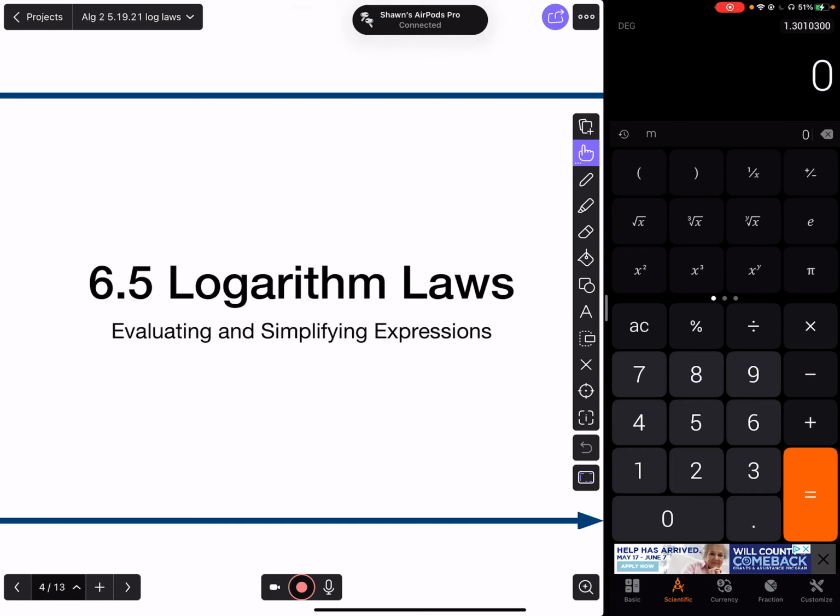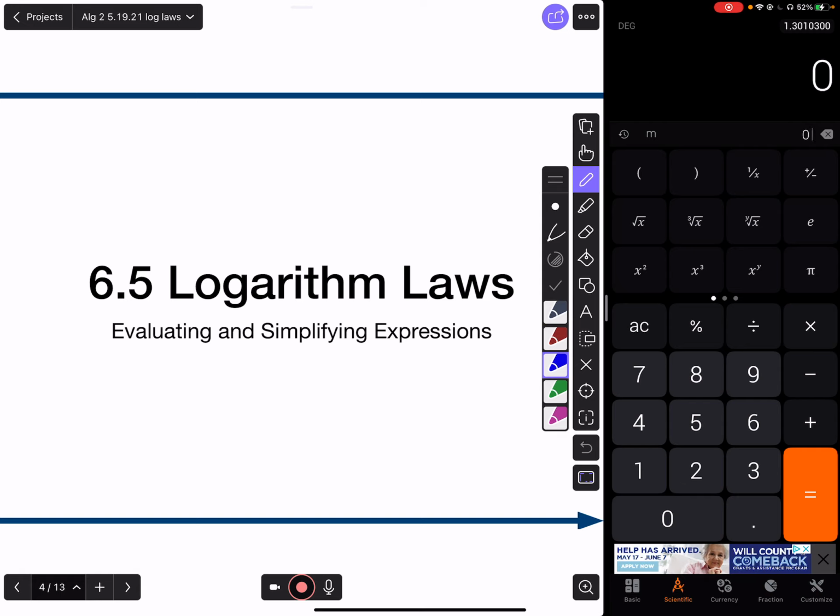Today we are going to extend our knowledge of logarithms by incorporating some of the laws, or rules, that you use when you simplify logarithmic expressions.